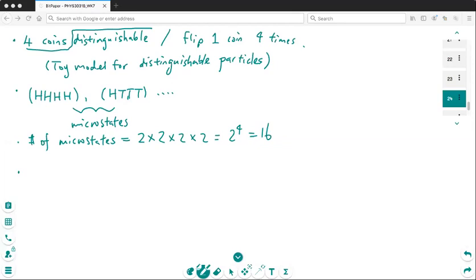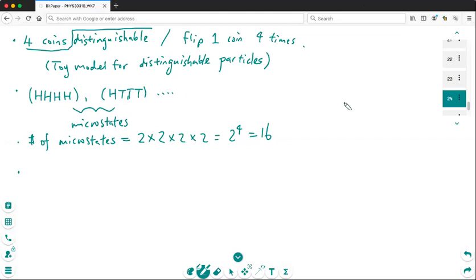Okay, so welcome back. So before the break, we talked about this situation of 4 coins. According to your experience, you know the total number of microstates will be 16. You can list this out. You probably have done this before in the past.